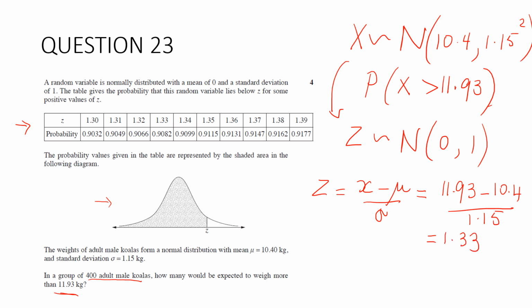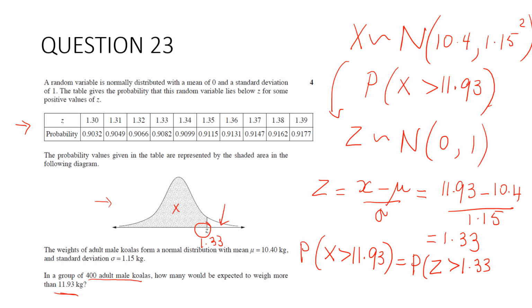So the probability that x is greater than 11.93 is now going to become the probability that z is greater than 1.33. Now you can see we actually want this probability, not this one.